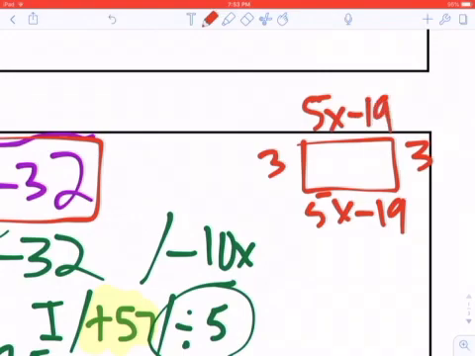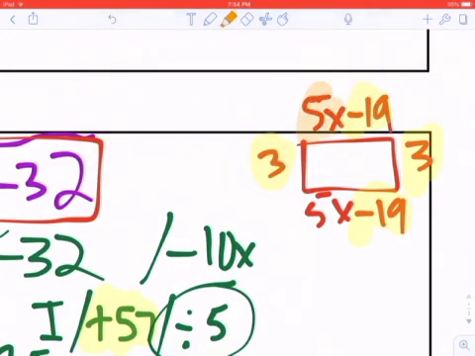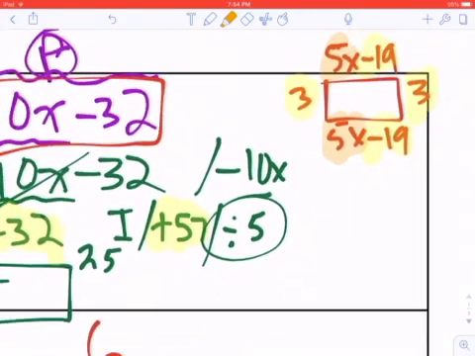So again, with my calculator, I can do that. Minus 19 plus minus 19 plus 3 plus 3. And that will add up to negative 32. And then I've got the 5x there and the 5x there. That makes 10x's minus 32 is the distance all the way around.